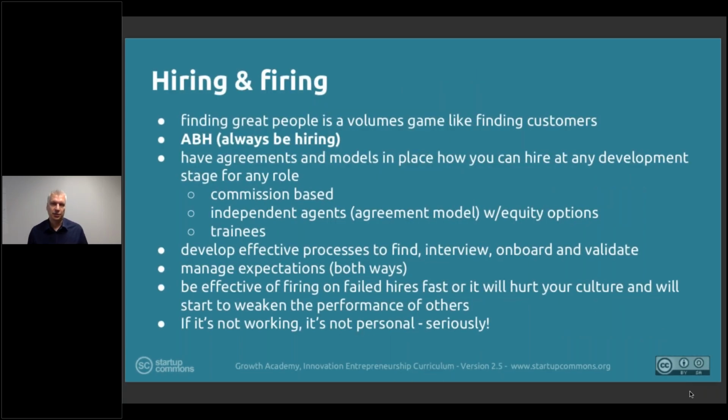Hiring and firing people. Finding great people is a volumes game, like finding good customers. The same way as you're always looking for new customers, you should always be finding new talent to join.